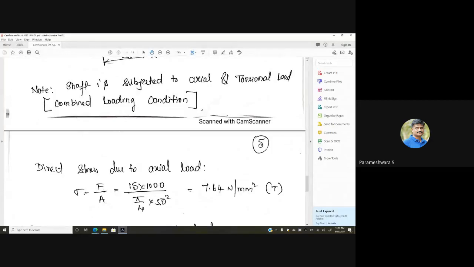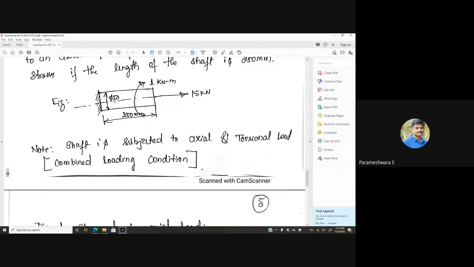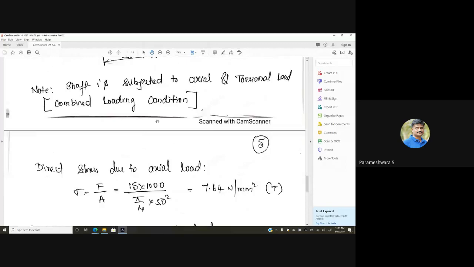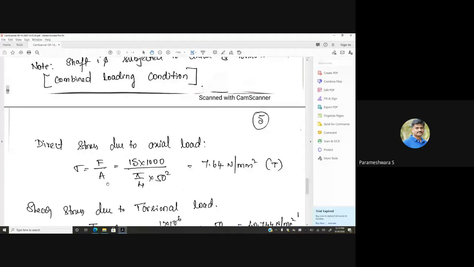This is a circular cross section, because they have given that this bar has a diameter of 50 mm. So I will use the area formula and calculate the direct stress, normal stress or axial stress. So it is tension, 7.64 megapascal, that is tensile stress.